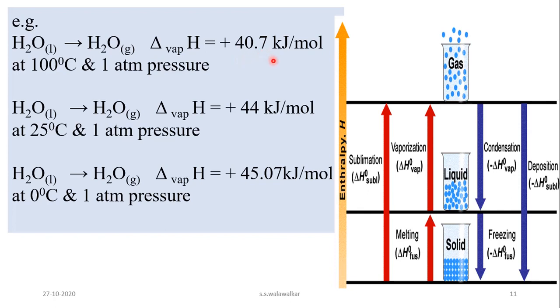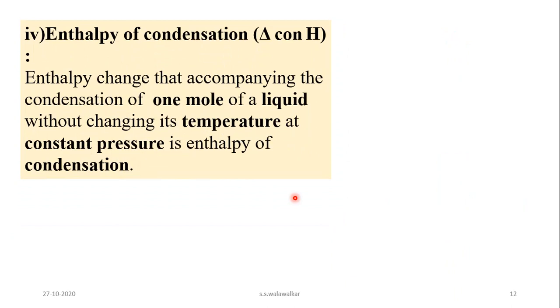Minus 40.7 kilojoules, whereas at 25 degrees Celsius it is minus 44 kilojoules, and here at 0 degrees Celsius it is equal to minus 45.07 kilojoules per mole. So what is the definition of enthalpy of condensation? Here it is denoted by delta con H, con for condensation.